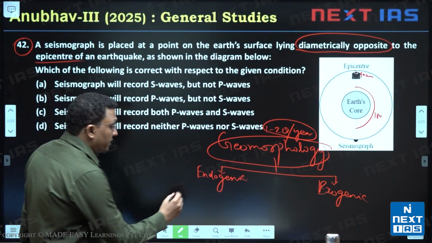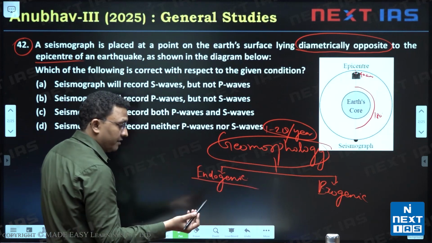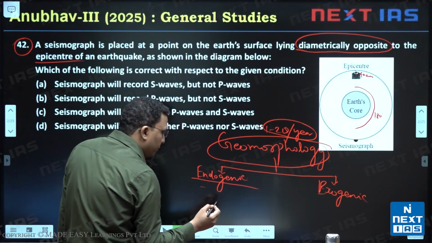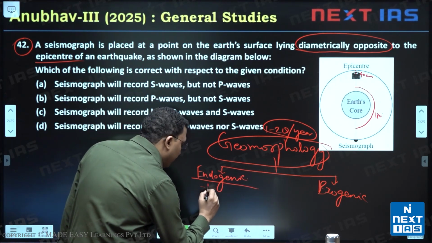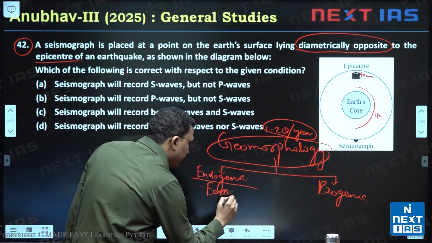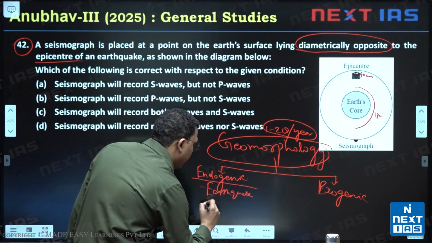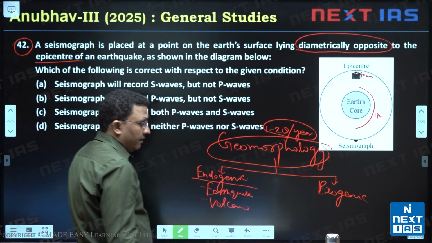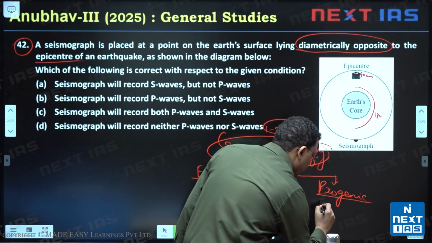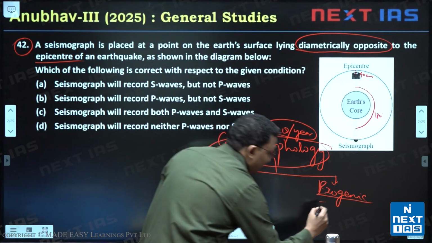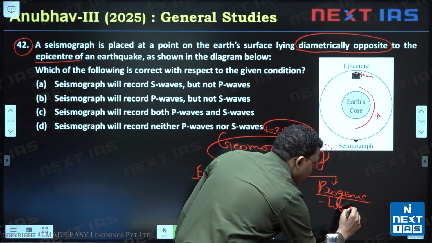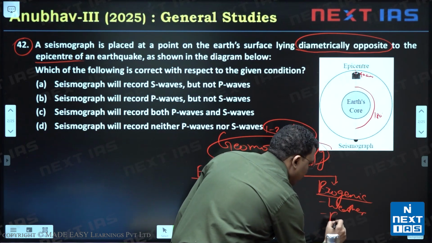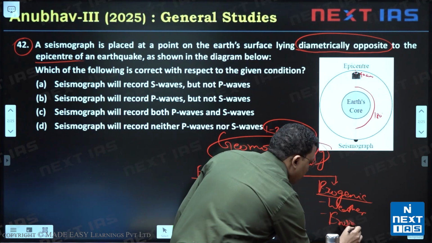And within endogenic, if you see the previous year question trends, UPSC puts a special emphasis on earthquake and volcano, right? And likewise in exogenic forces, UPSC puts special emphasis on weathering and erosion, right?